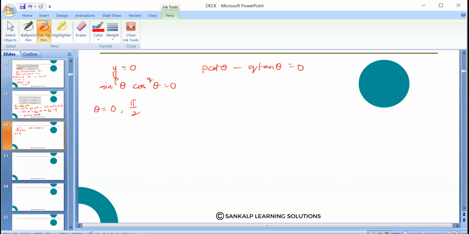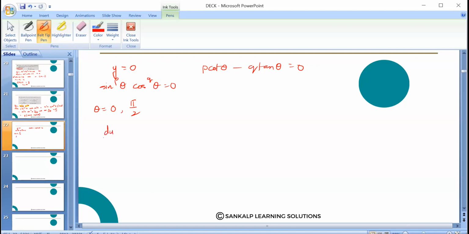And here also, this cannot be 0 at all. Only two values we got.